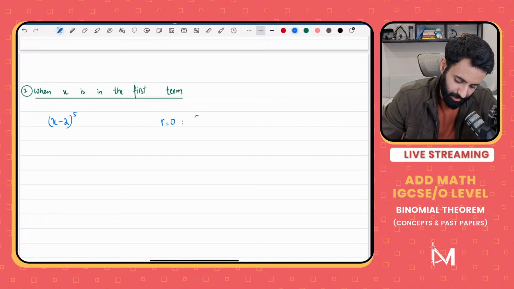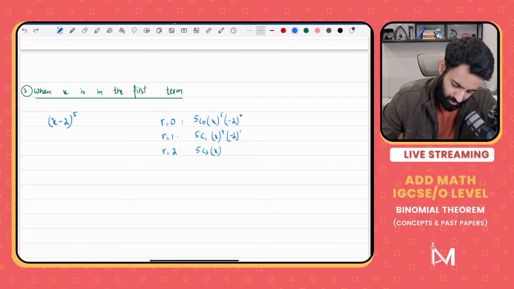So when r equals 0, that's going to be 5c0 x power 5 and minus 2 raised to the power of 0. Then when r equals 1, it's going to be 5c1 x power 4 minus 2 power 1. Then r equals 2, 5c2 x power 3, minus 2 power 2.